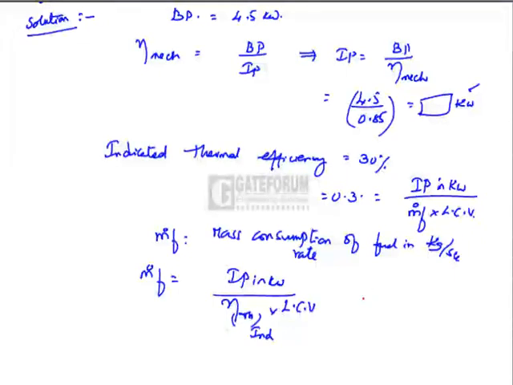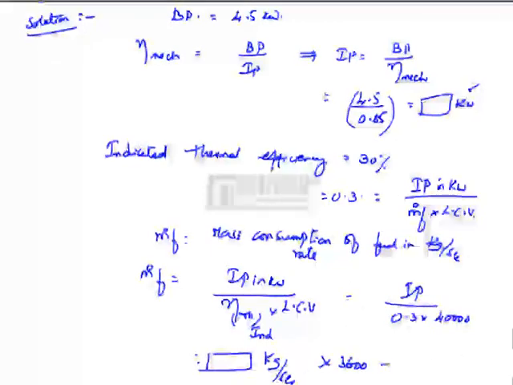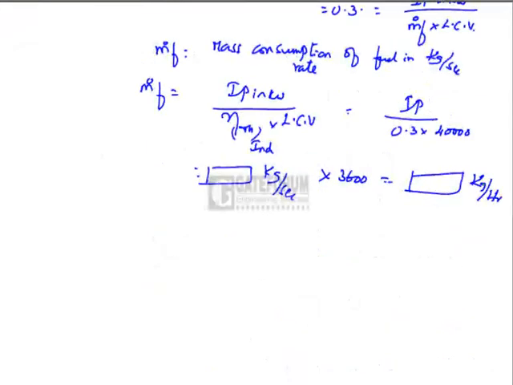Indicated power is already obtained above, indicated thermal efficiency is given as 0.3, and the lower calorific value of the fuel is given as 40,000. We can obtain m dot f in kg per second. But since the data asked is in kg per hour, multiply this by 3600, and we get the mass consumption rate of the fuel in kg per hour.